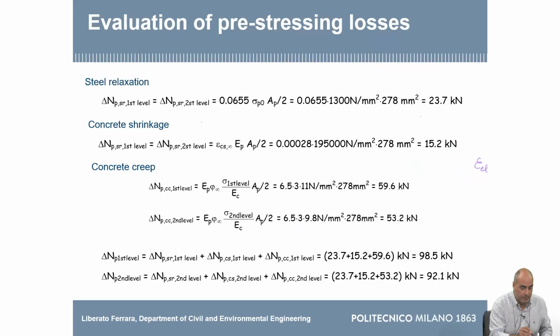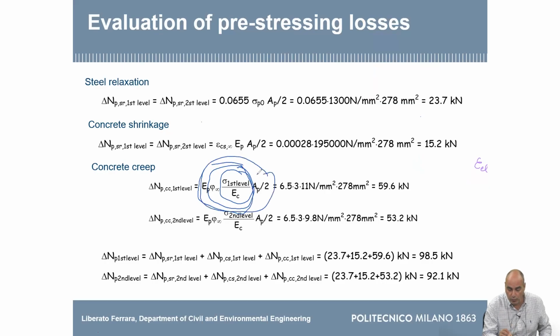So we go from elastic strain in concrete to creep strain in concrete and steel, to stress in steel, to force, because we multiply by the area and we have the force.